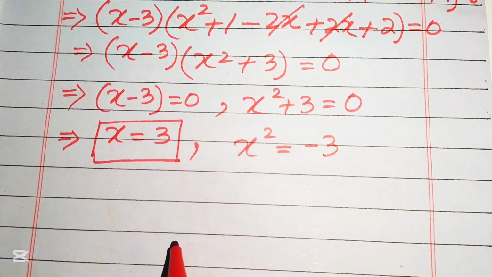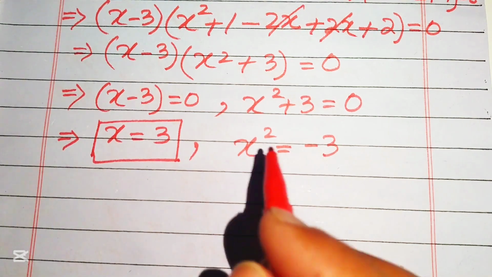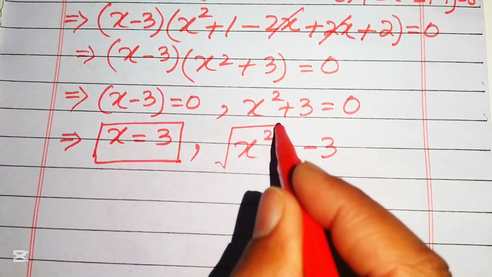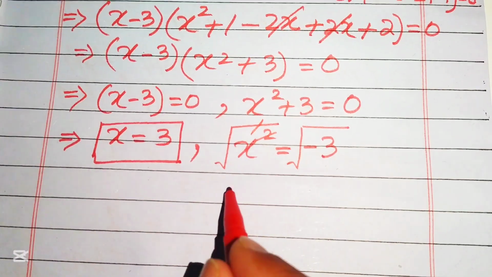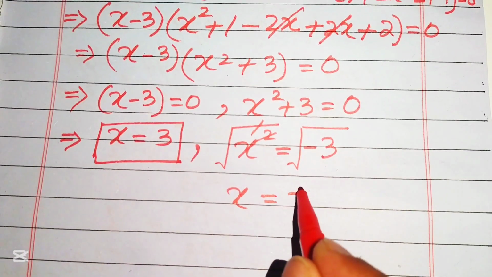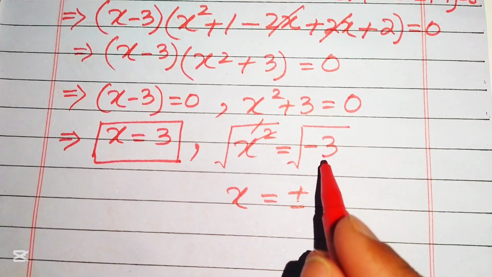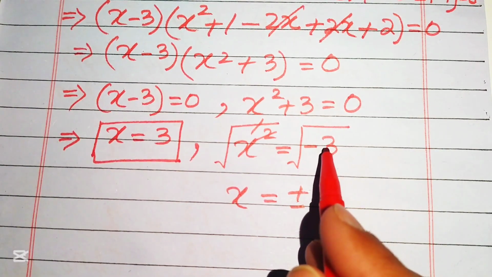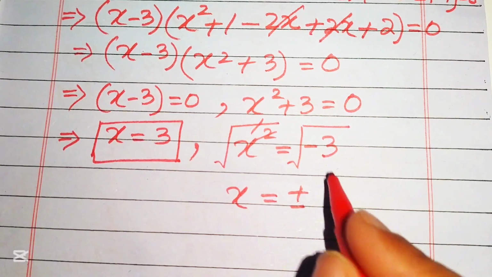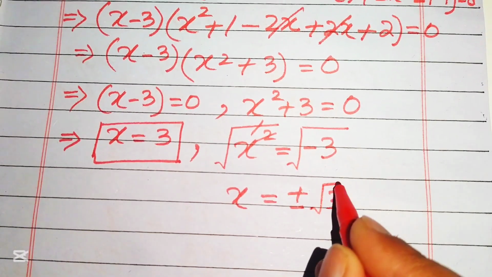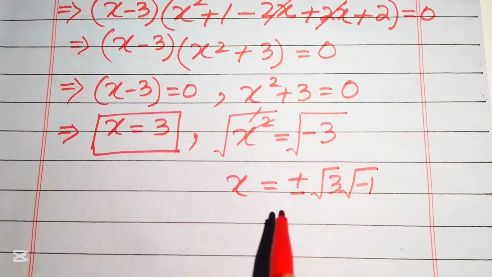Now in order to find the value of x we need to take the square root on both sides of this equation. When you take the square root, the square and square root are gone, and we get x equals plus minus. You know that when you have a negative sign inside the square root, it will be equal to iota, and we write it as square root of 3 times square root of minus 1.